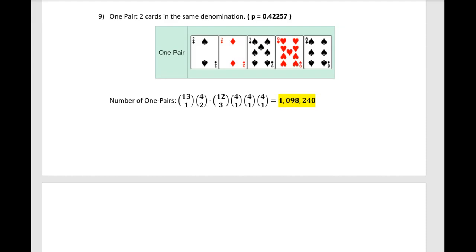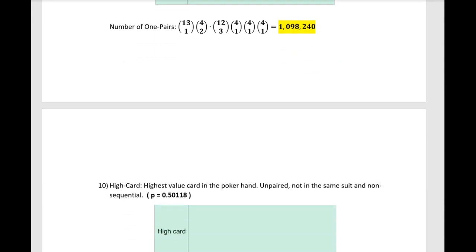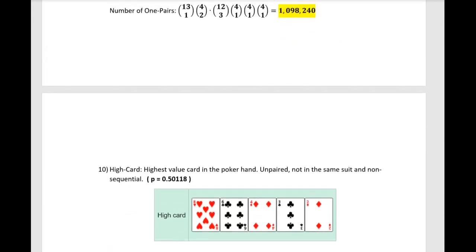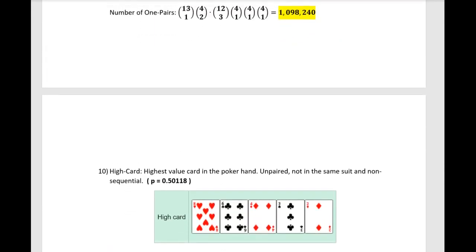Okay, let's take a look at our last possibility for the poker hand. This time we're going to look at the high card. Now the high card means just that: basically you don't have any one of the other possibilities, numbers 1 through 9, those categorizations we looked at earlier.